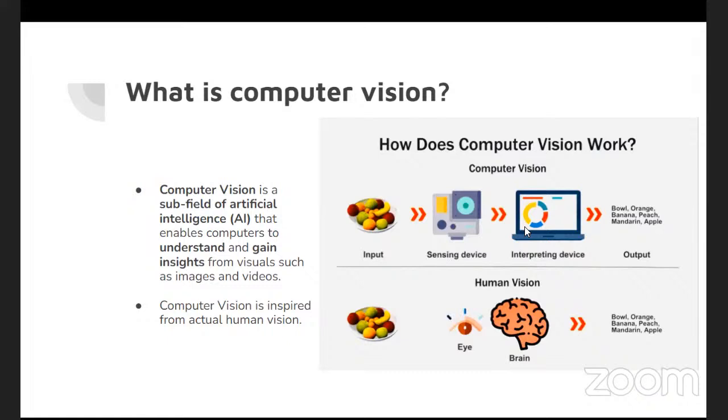It is very similar to human vision. The only difference is that the devices get changed. Considering the eye and the brain as devices, if we change the eye with a sensing device, which can be a camera or anything else, and the brain with a deep learning model or object detection model, we get a computer vision model. So this is what computer vision is all about.